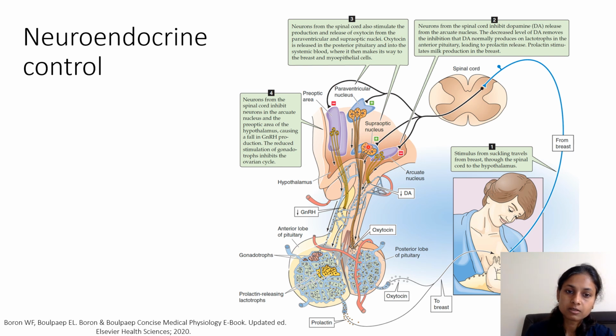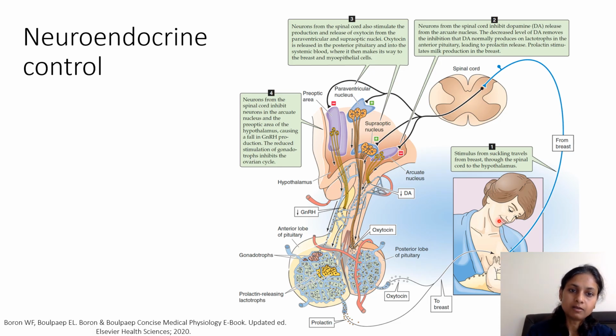Oxytocin is required for the secretion of the milk, that is the ejection of milk from the breast, and that is released with the positive action on these nuclei to release oxytocin into the bloodstream, which goes and acts on the breast to eject milk for the baby.